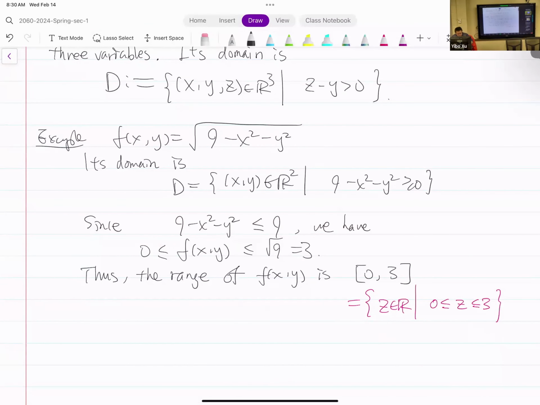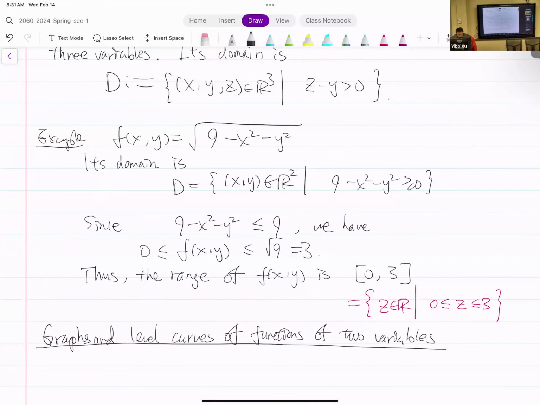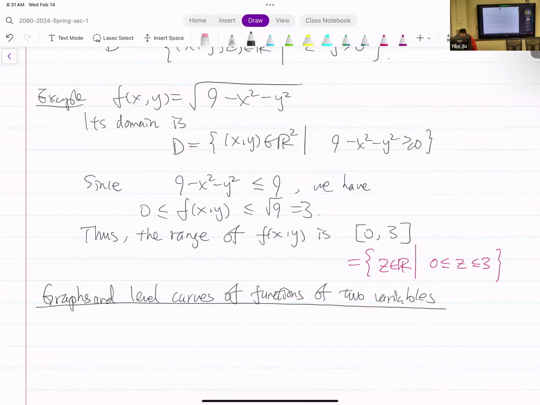Now, what about the graphical representations? Graphs and level curves of functions of two variables. Okay. So what's a graph?